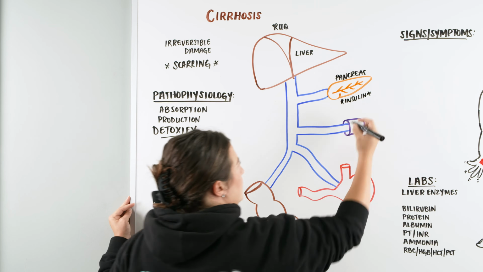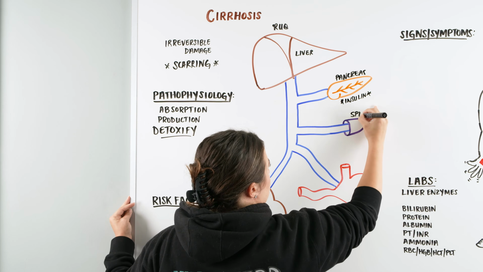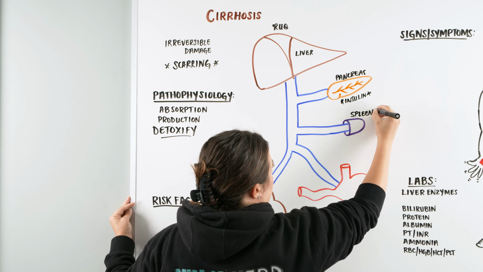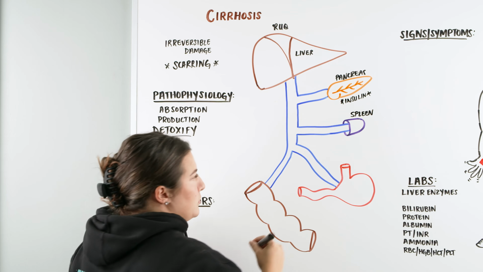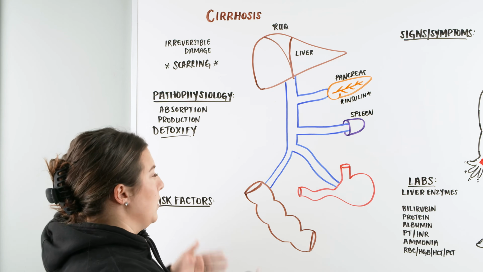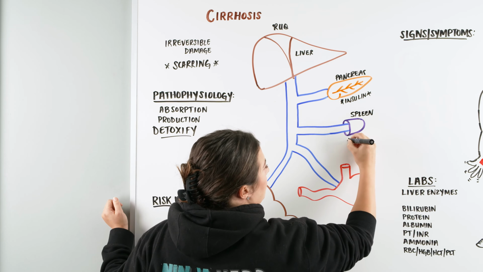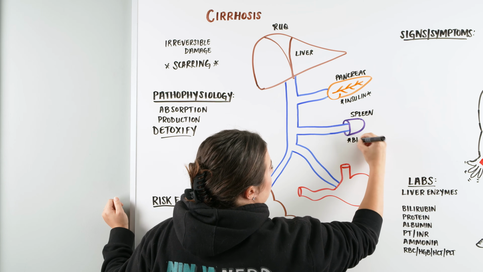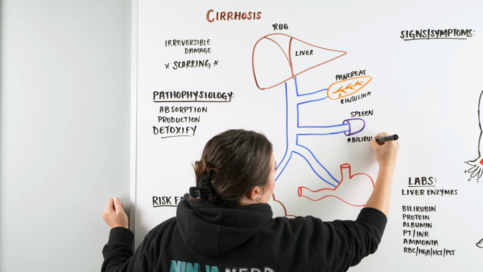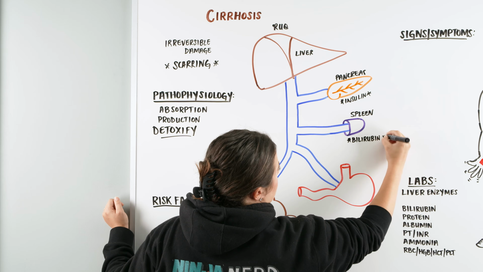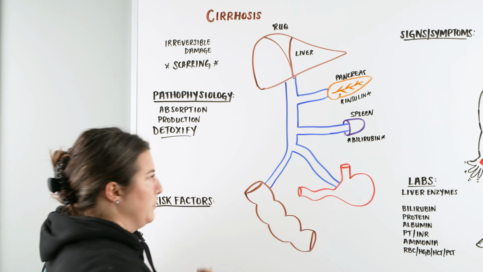Next is our spleen. Our spleen does a lot of red blood cell, white blood cell, and platelet production, and, to put it in a very simple format, it also contributes to the production of bilirubin.